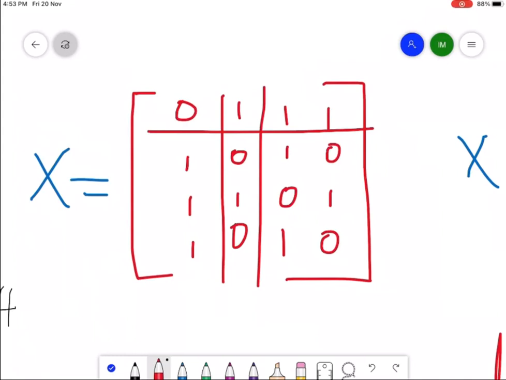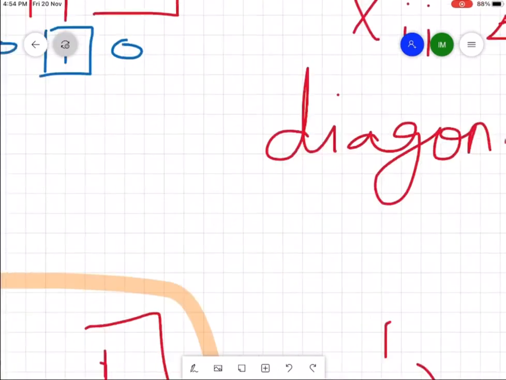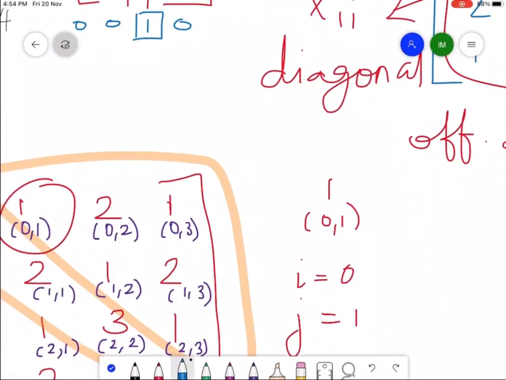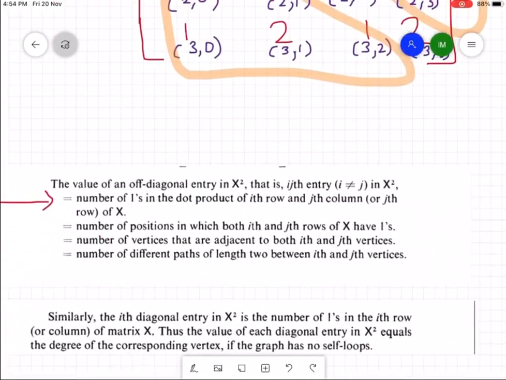They are saying that when you find the dot product of the ith row and the jth column, the number of ones you get is the value of that entry. Here, taking the dot product: 0 into 1 is 0, 0 into 1 is 0, 1 into 1 is 1, 0 into 1 is 0. It's just one value, so the value of our entry is 1. So we understand the first property.